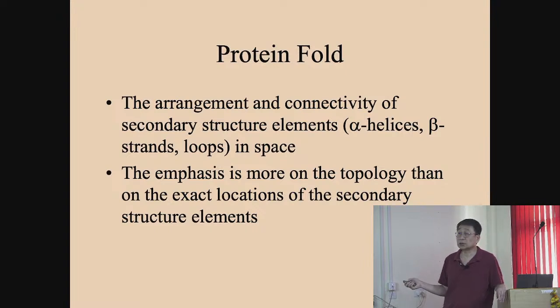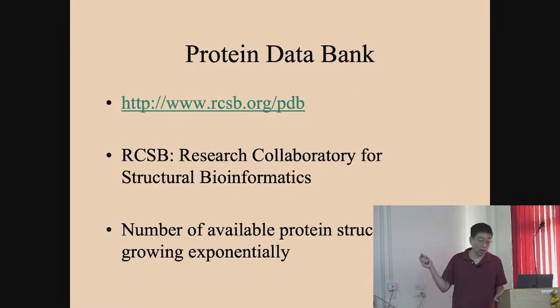The emphasis is more on the topology, how they are arranged, rather than the detailed exact positions of some beta strands or alpha helices. You'll see some examples where two proteins have the same fold, but some have additional decorations, and they are allowed as well. They don't have to be exactly the same. This we talked about yesterday already.